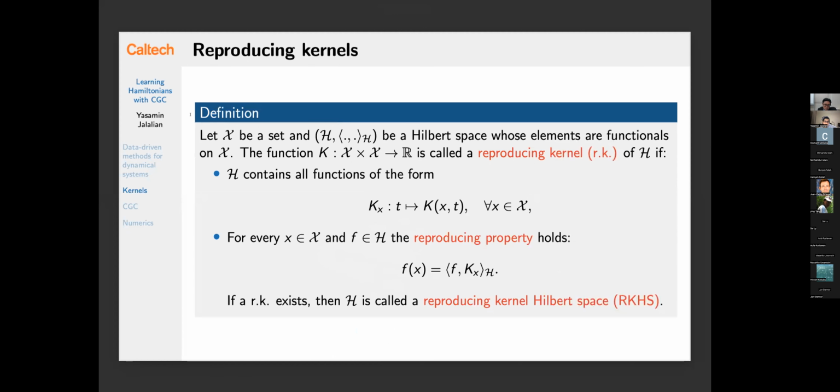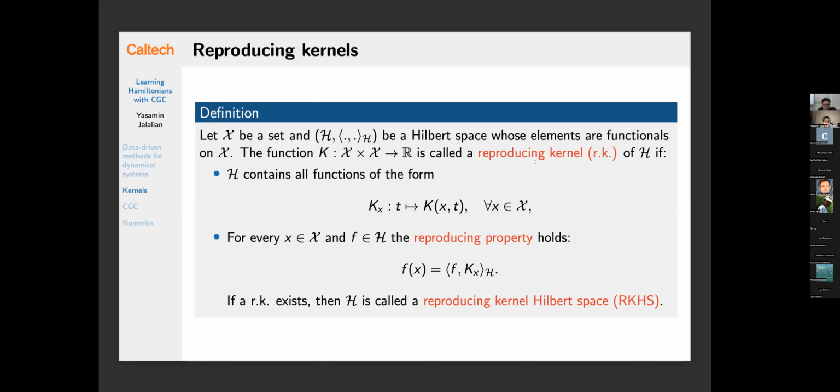Let's proceed to the next definition. We're going to assume that X is a set and H, endowed with an inner product, is the Hilbert space whose elements are the functionals on X. Then the function K is called a reproducing kernel if H contains all functions of the form Kx, which map T to the kernel of X and T, for all X. And if for every X and F the following property, which is called the reproducing property, holds, which basically says that F at any X can be represented as the inner product in the Hilbert space of F and Kx.